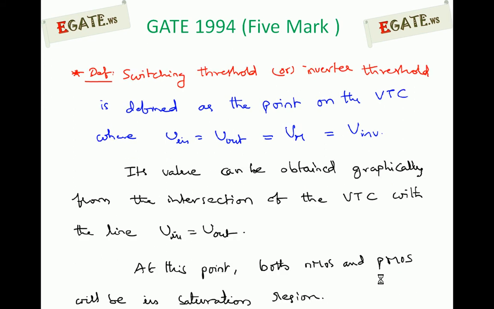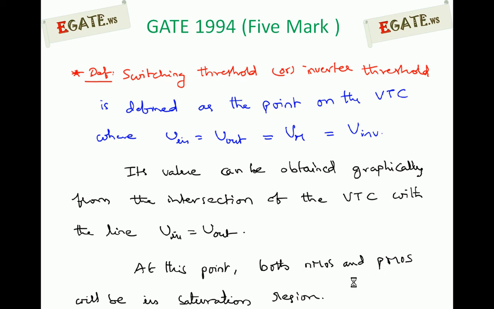Next, this switching threshold point can be calculated graphically from the intersection of the VTC with the line V input is equal to V out. On the voltage transfer characteristics of the CMOS, you draw a straight line whose slope is equal to 1, that is V0 is equal to V in, and where it touches the VTC curve, that point is treated as the threshold point.